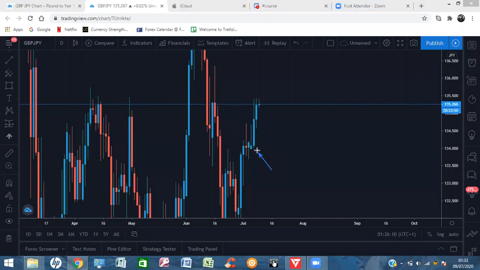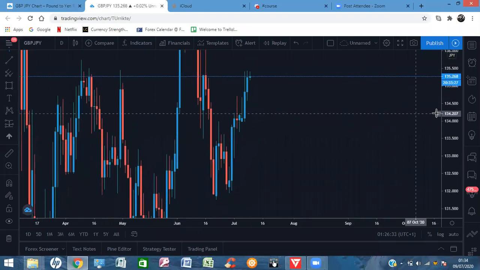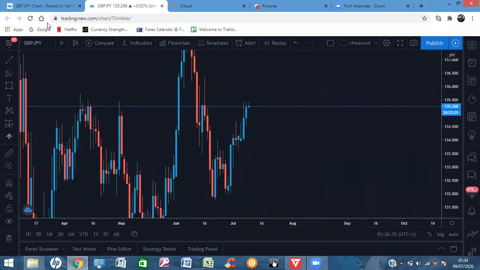We have higher lows and higher highs and higher lows. We've had this strong bullish momentum anyway, so this is the definite market structure over the last week or so.